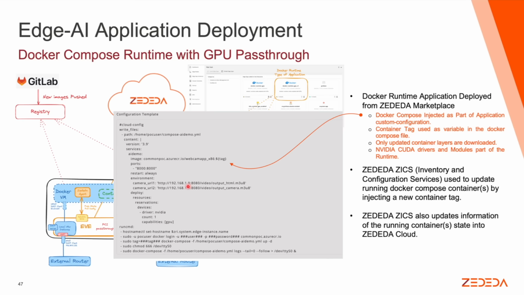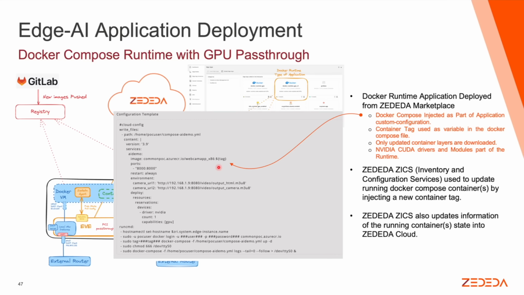So I have 2 camera feeds, and you also see the access to the CUDA cores. We are using the NVIDIA CUDA cores available in our GPU. And then we also inject some secrets so that we can access the hash history of where our container is running. And you have some variables so that you can dynamically push updates in this container image.